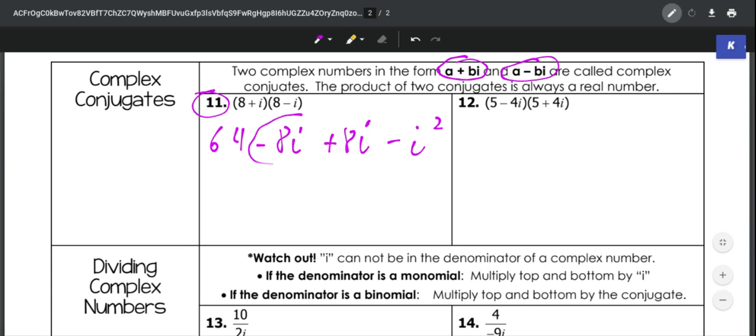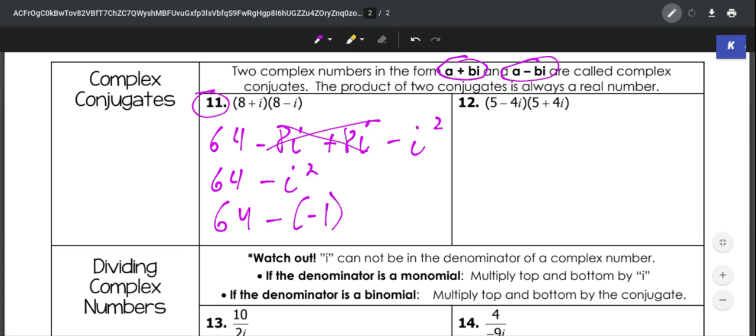Now, if you'll notice here, negative 8I plus 8I is just 0. So that's going to cross out, and we'll be left with 64 minus I squared. We know that I squared is negative 1, so this is going to actually be 64 minus a negative 1, which is actually plus 1. So 64 plus 1 is 65, and that's our answer.